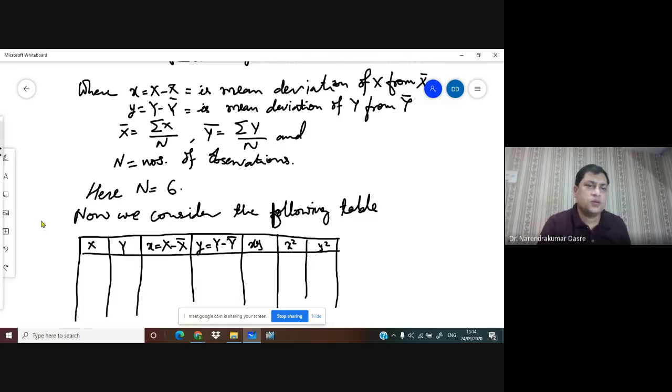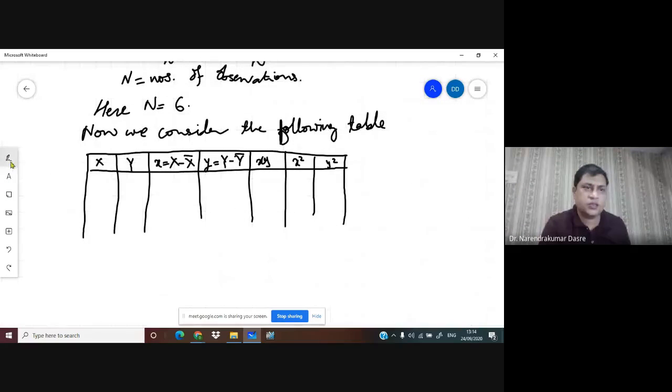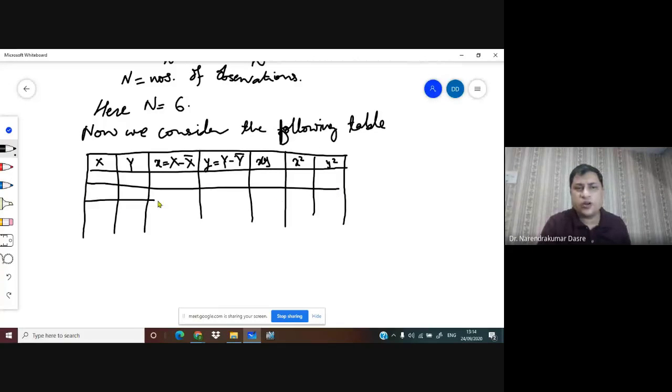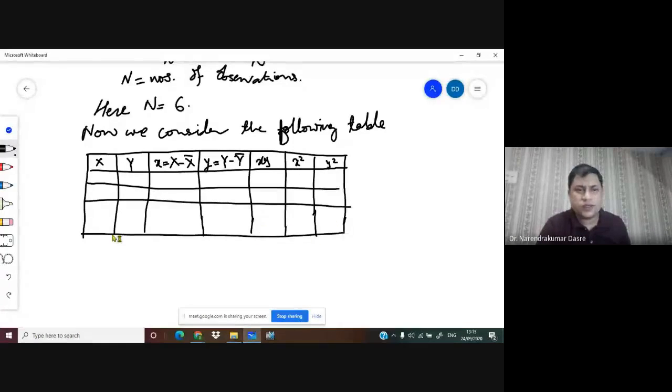Okay, so these are the columns of the table we need to have. Then we write all the observations of x and y, and then we have to calculate this table.